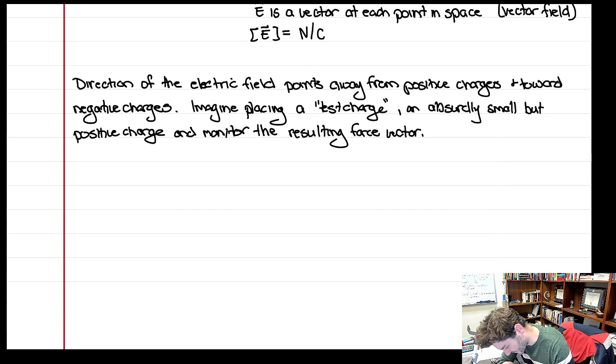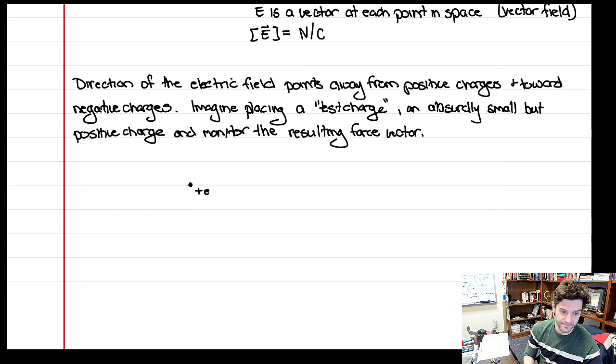So again, if I take some charge here, let's say it's plus E, I think it's a proton, I can imagine placing a little test charge, say here, that little red dot I just made on the screen. They really don't use this notation as much anymore, so don't worry too much about this.